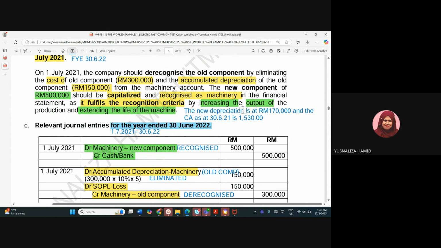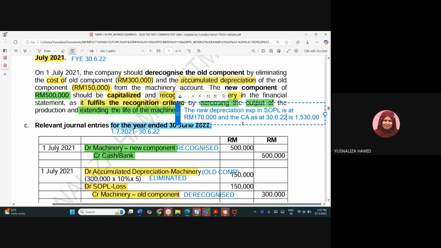Mention the new depreciation that was charged in the SOPL, how much? In the SOPL it is 170,000. And how much is the new carrying amount after replacement? So you have to mention the depreciation and also the carrying amount at the end of 2022.